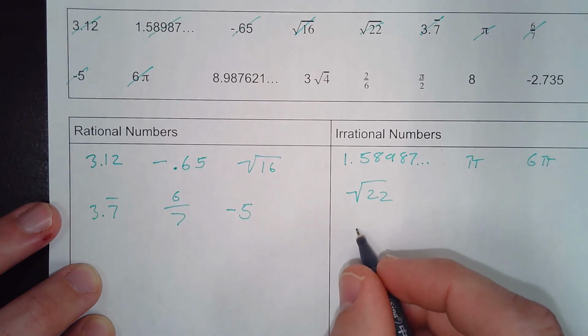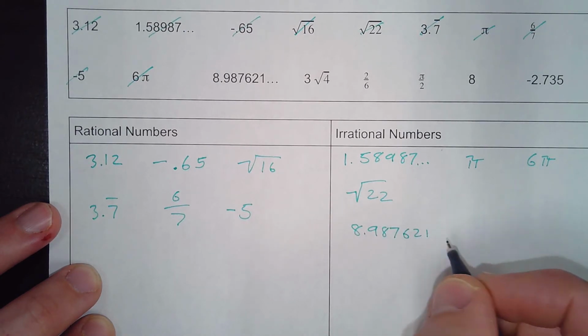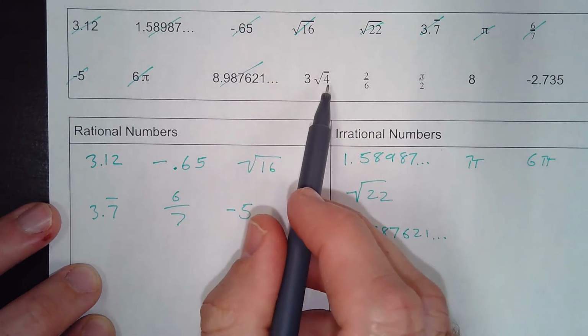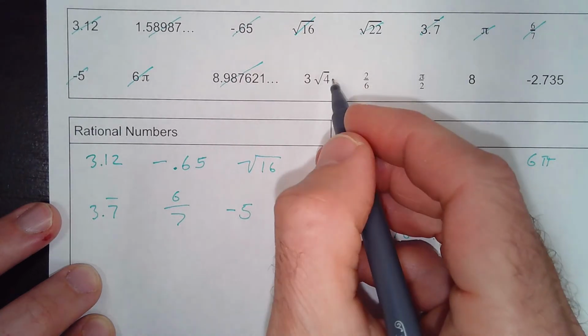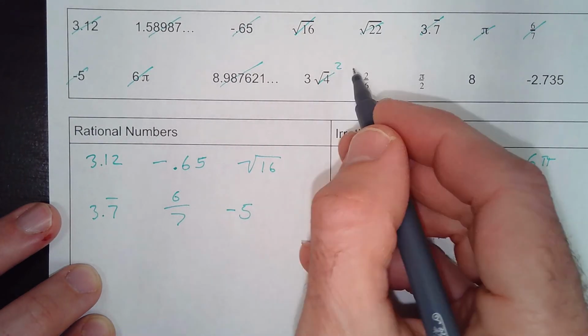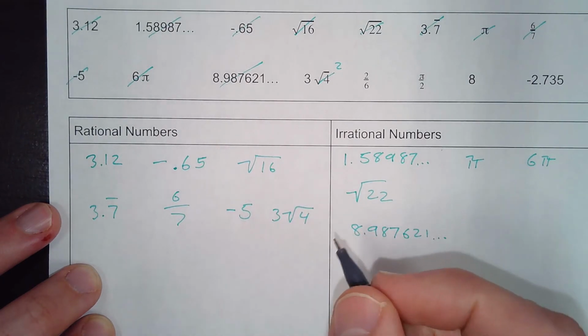Repeat or doesn't repeat, goes on forever, would be irrational. This is basically 3 times 2, right? Square root of 4 is actually 2, so this is 6. That is a rational number.